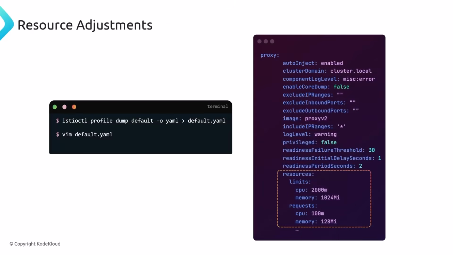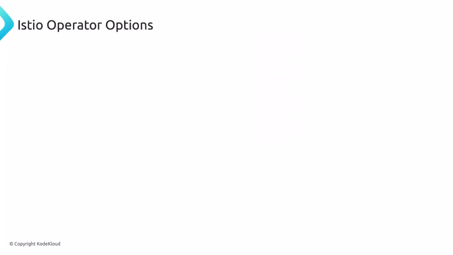They might ask you to make CPU or memory adjustments, either limits or requests. So you would need to adjust this in that file, save it, and then install Istio. This is the benefit of using the Istio operator. You have a lot of flexibility, and in the exam there are at least 1 or 2 questions based on the Istio operator, so it's important that you know how to make these changes.